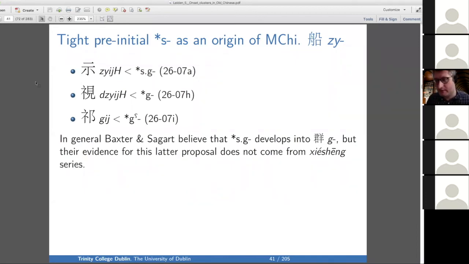So let's propose that it comes from SG. In general, they believe that SG developed into G, but their evidence for this does not come from Shesheng series. So again, very parallel to the SK situation, this SG going to J would only have happened before high front vowels because of the first palatalization.